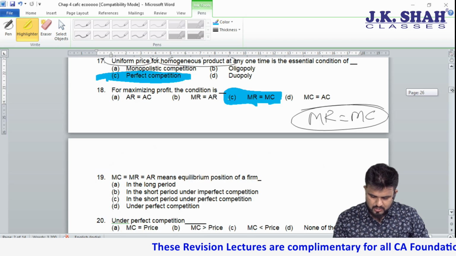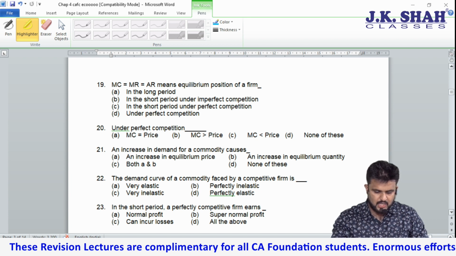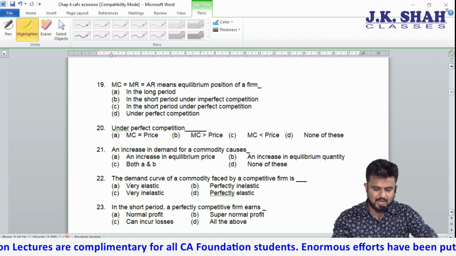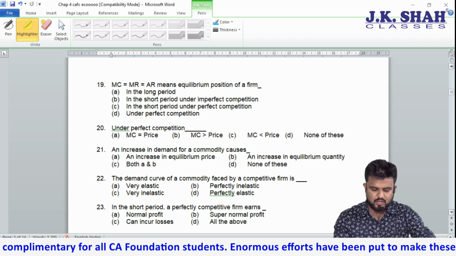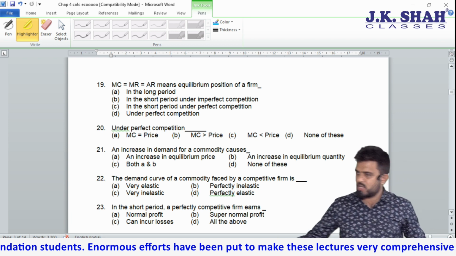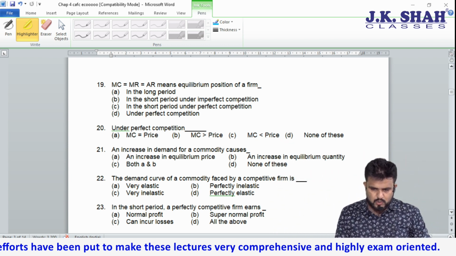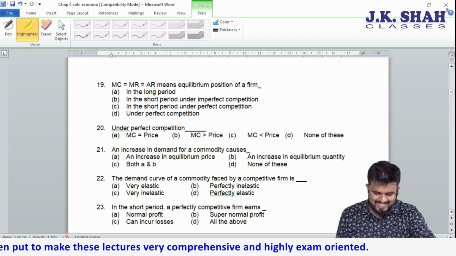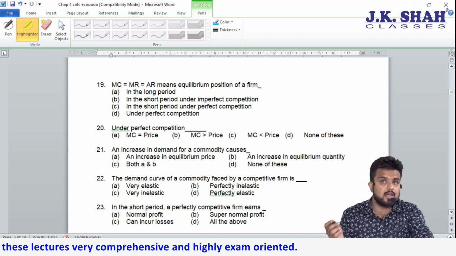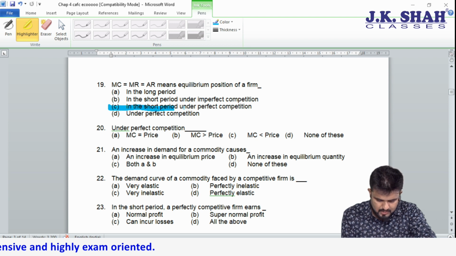Moving to the next. Now, MC equals MR equals AR means equilibrium position of the firm. See students, MC equals MR equals AR. This situation we have found in short run under perfect competition. So the correct answer is C.